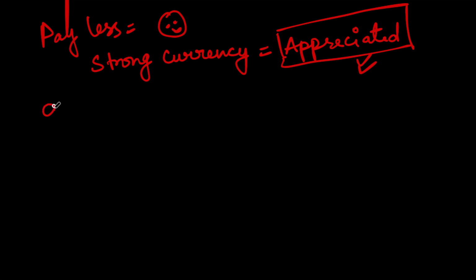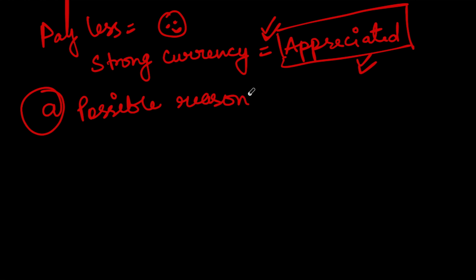Okay, now question number 1 related to this. After understanding what has actually happened with the currency, which is appreciation, now you can answer the questions. The very first question could be, what are the possible reasons behind it? That the rate has appreciated for us, what can be the possible reasons behind it? So in the news article, it expresses the current scenario wherein people are very much uncertain about the market sentiments.